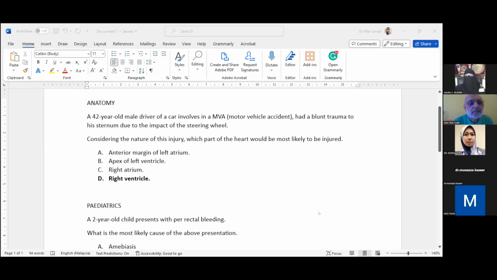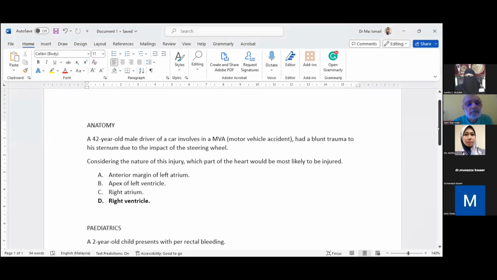So our question is on the CVS. A 42-year-old male driver of a car involved in a MVA, or motor vehicle accident, had a blunt trauma to his sternum due to the impact of the steering wheel.